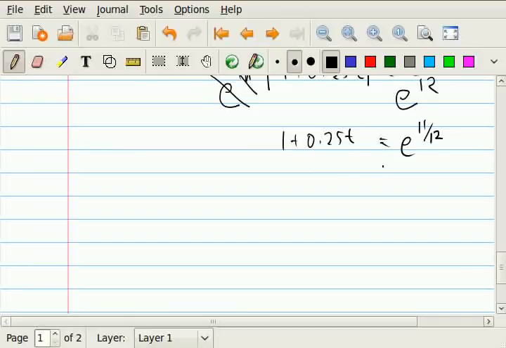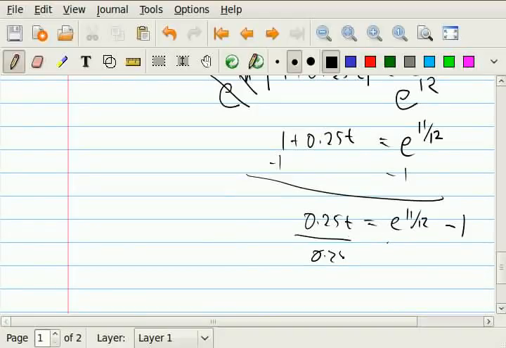This one's actually kind of interesting, though. We can go ahead and solve it now that we got rid of those absolute value bars. If I subtract 1 from both sides, I get 0.25t equals e to the power 11/12 minus 1, and then I'll divide both sides by 0.25. Let's see, what do we get here?